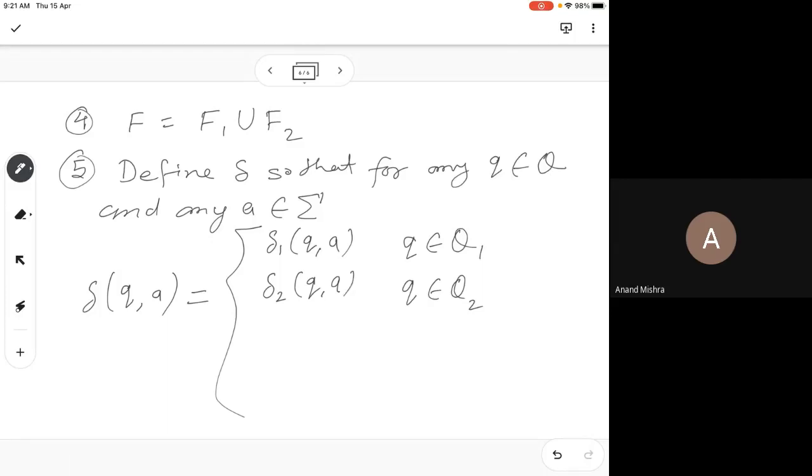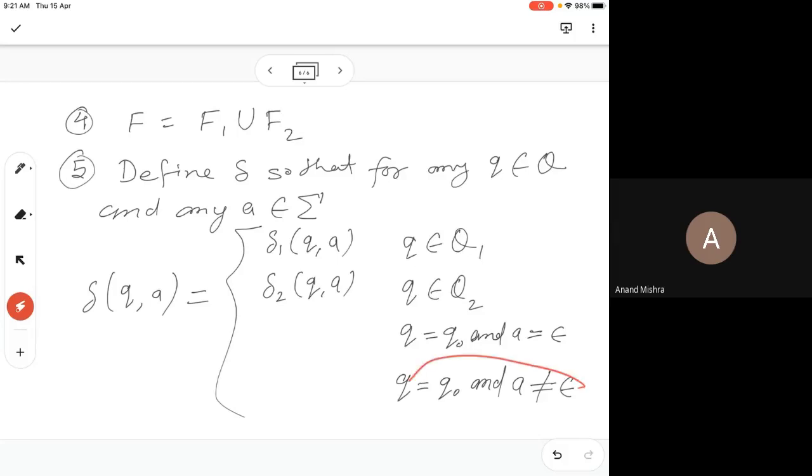But if Q is Q naught and A is epsilon, then what should happen is... if Q is Q naught and A is not epsilon, there is nothing defined. I'm talking about this case first. This case, Q is Q naught, is invalid. Invalid means it should go to null state, right?